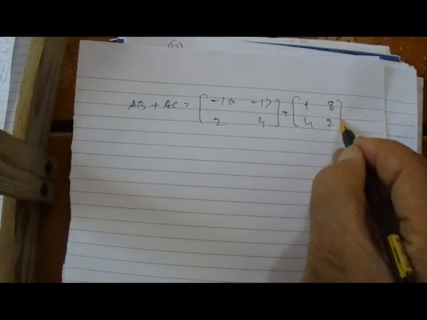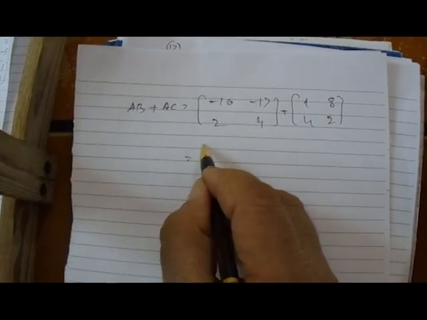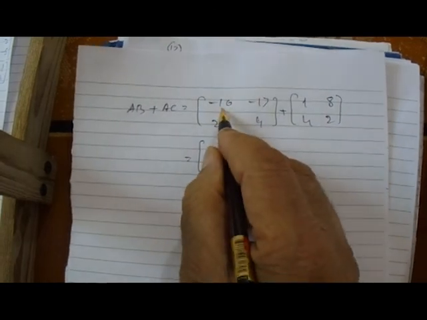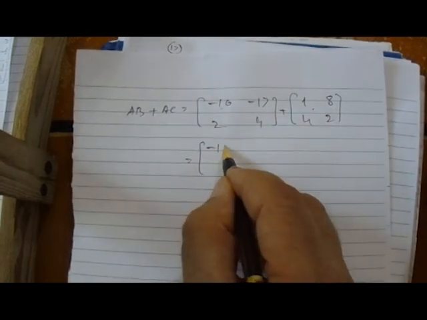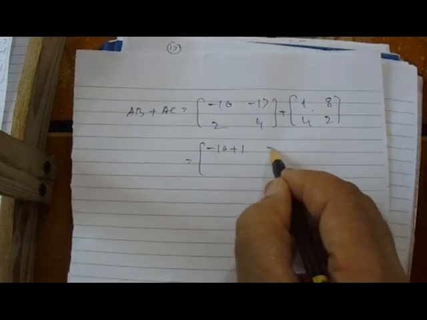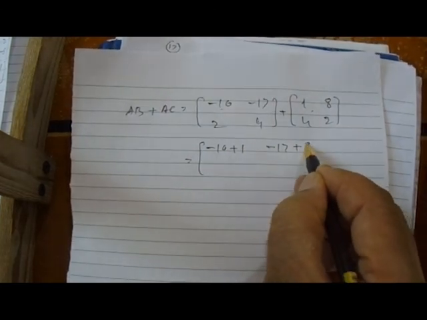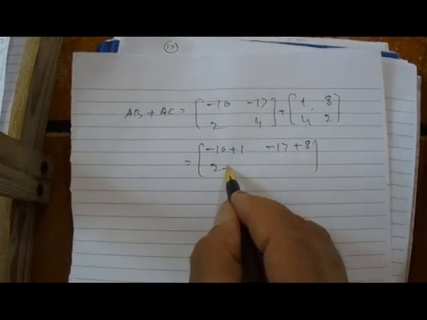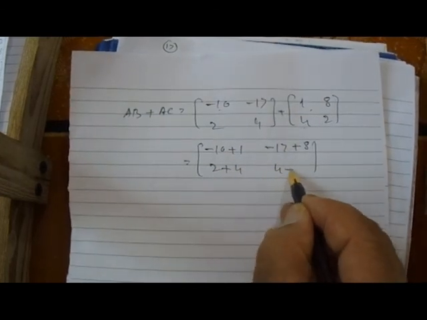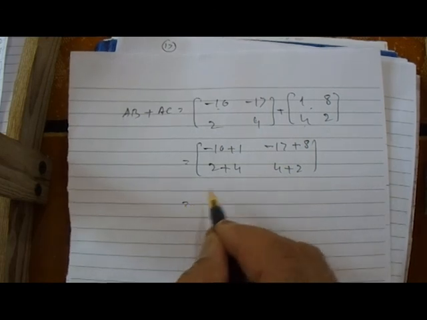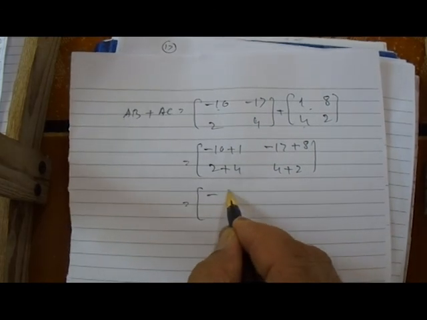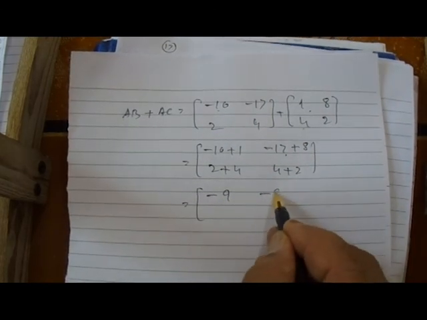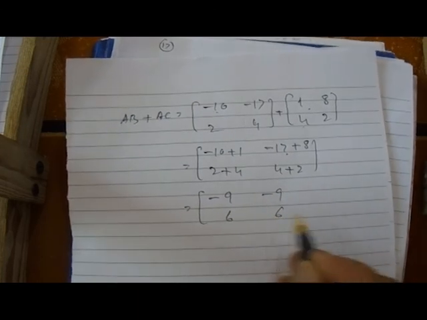Now we add: minus 10 plus 1, and minus 17 plus 8. Here 2 plus 4, and 4 plus 2. So it is equal to minus 9 and also minus 9, 6 and 6.